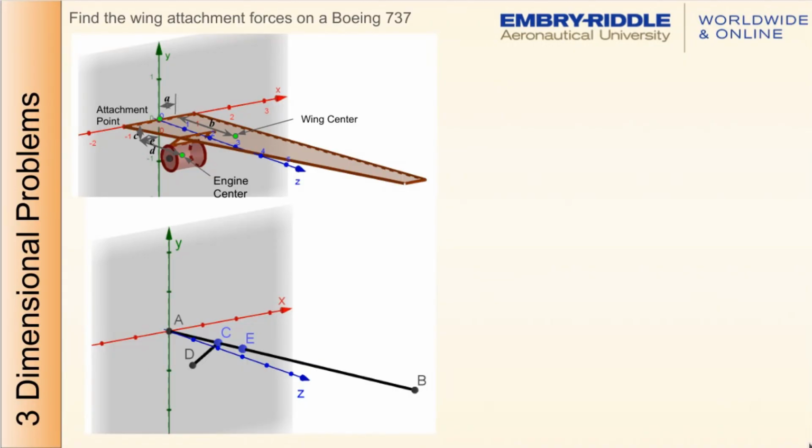Now putting distances and forces on this drawing can get quite complicated. So let's put the forces on. We have the wing forces and the engine forces. And again, we're supposed to find the reaction forces. So we put reaction forces in the X, Y, and Z directions.